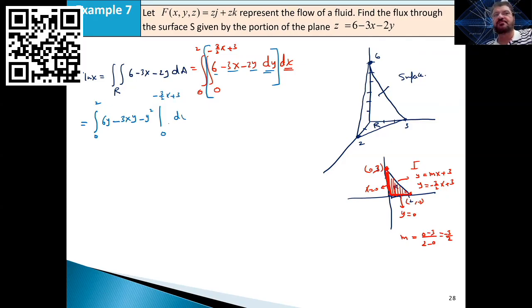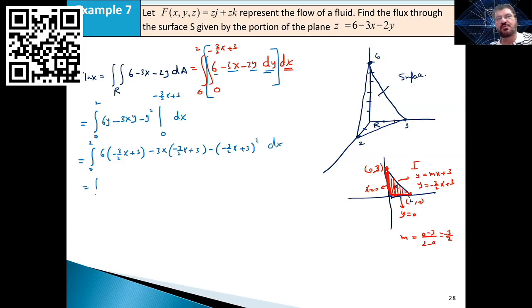And then we say dx. Now we replace y with this value. So this is the integration from 0 to 2 of 6 times (minus 3/2 x plus 3), minus 3x times (minus 3/2 x plus 3), minus (minus 3/2 x plus 3) all squared, dx.